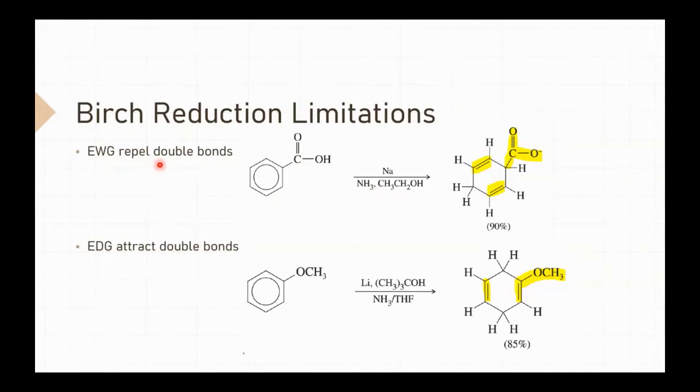They repel double bonds, so our double bonds will make sure they don't touch that substituent, orienting away from it. But if it's a donating group, the double bond will try to touch it, like this. That is your Birch reduction.